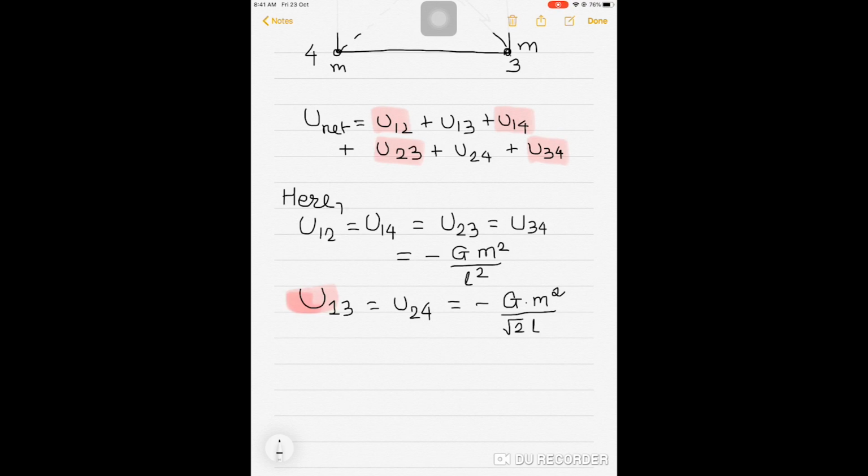So these are the two such pairs that we have over here, that is U13 and U24.